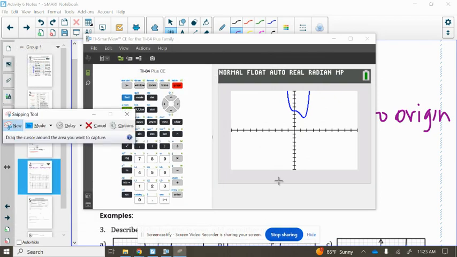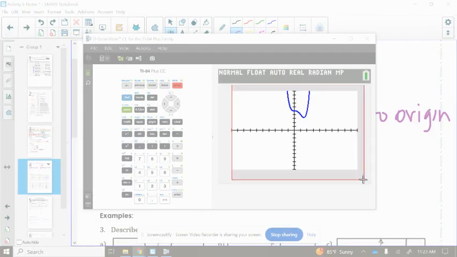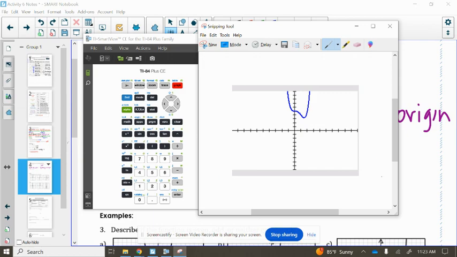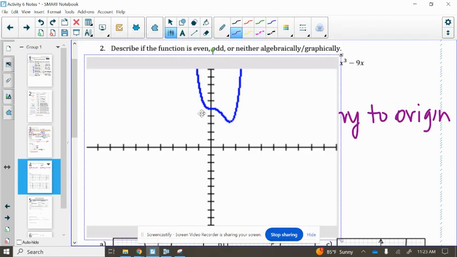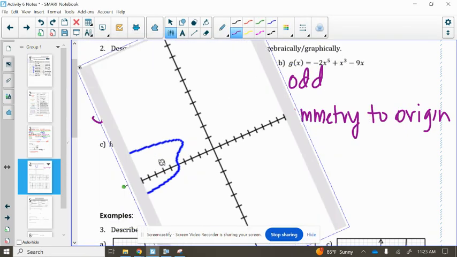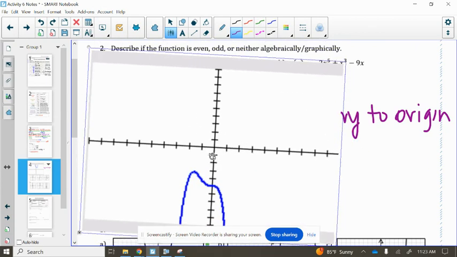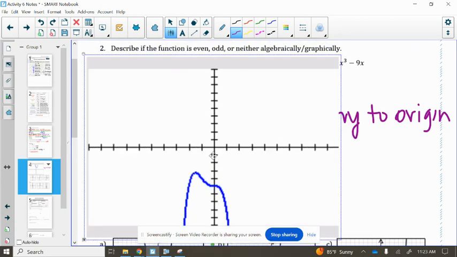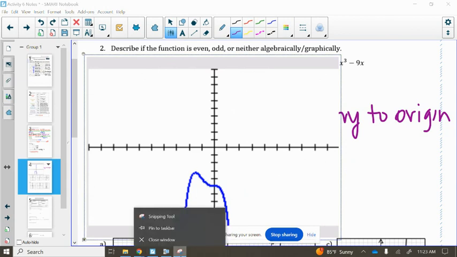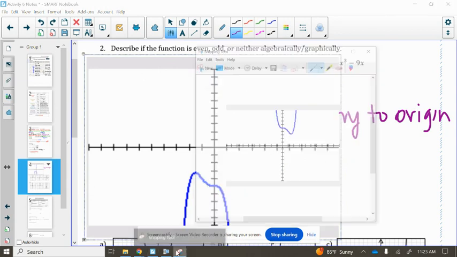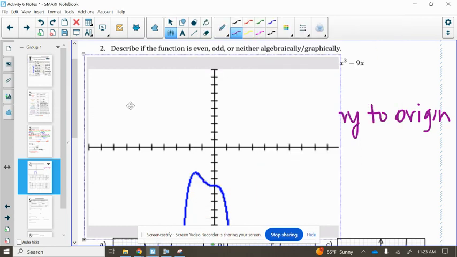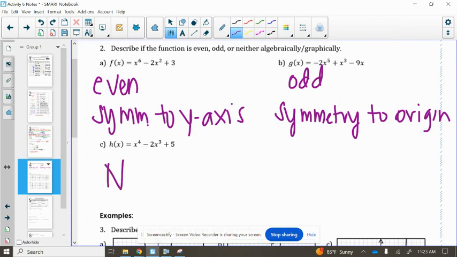If we take this graph and try to flip it upside down and compare it to the original, these definitely don't look the same. This is now facing downward and does not match our original whatsoever. So this is going to be neither even nor odd.